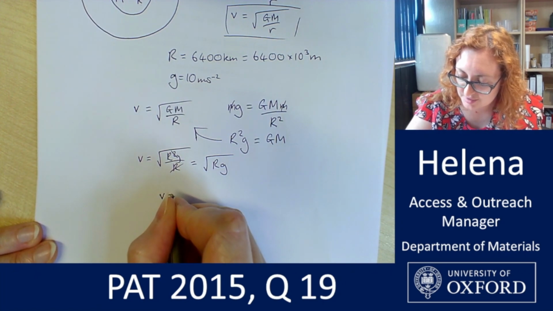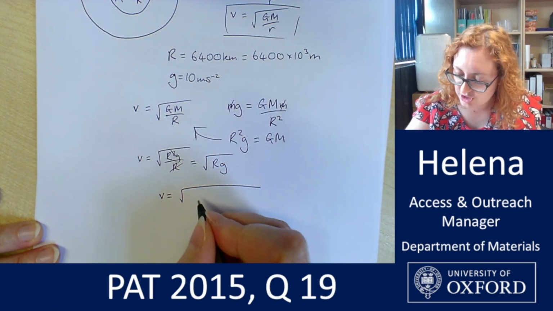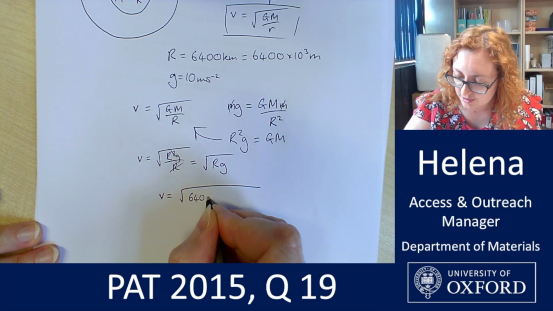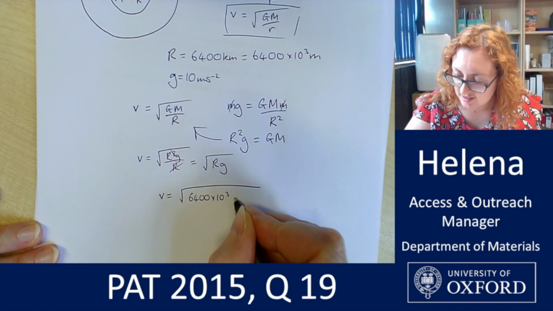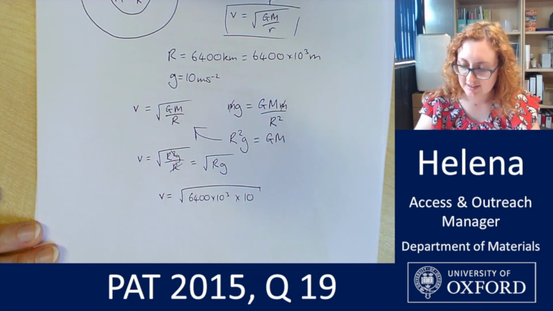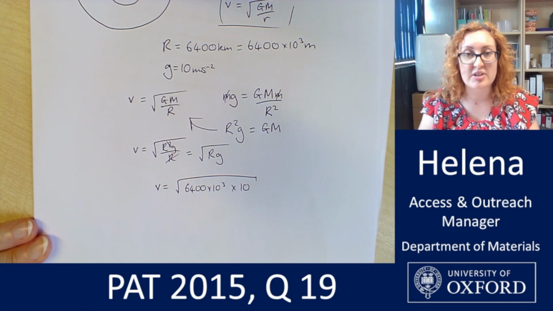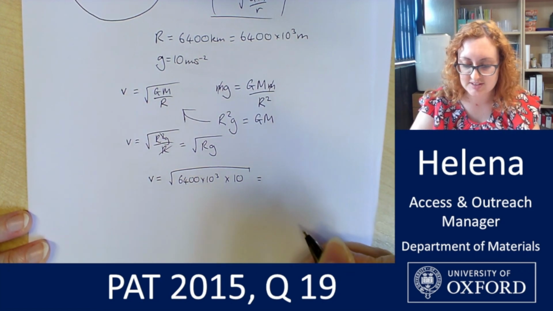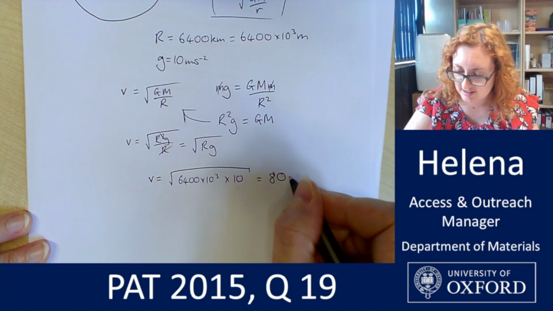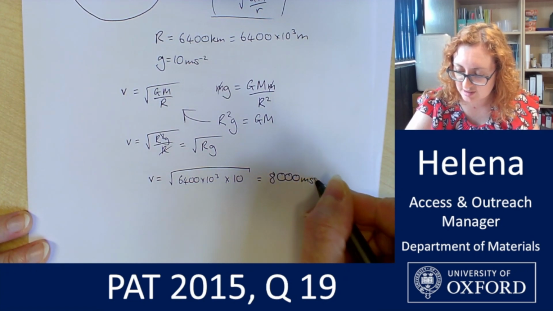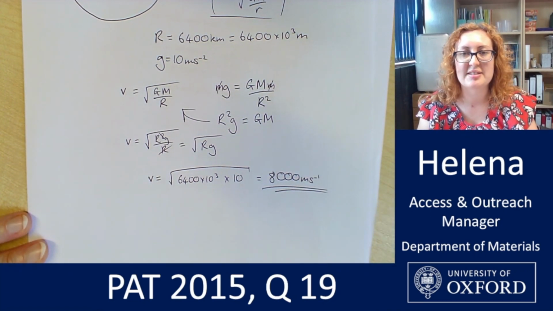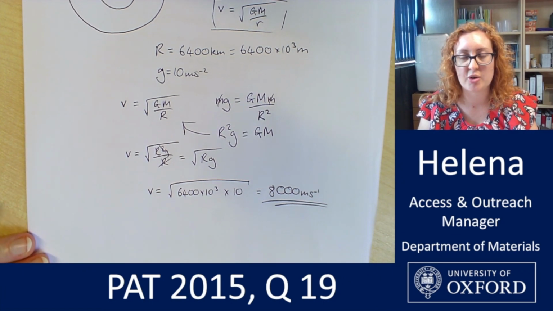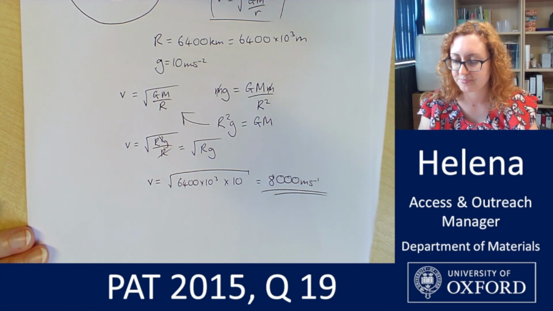So v is equal to the square root of 6,400 times 10 to the 3 times 10, which, if we do that on paper, in our heads, or in a calculator, gives us a value of 8,000 meters per second. So that's the value of the speed for our stable orbit around the equator.